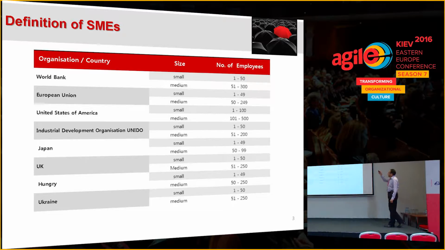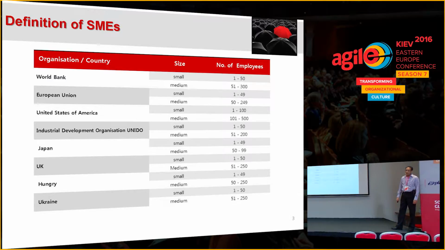But in most of them, small companies have from 1 to 50 employees, and medium size is from 50 up to 200, 250, or 500. Around this number of employees. So these are the common definitions of small and medium-sized companies around the world.